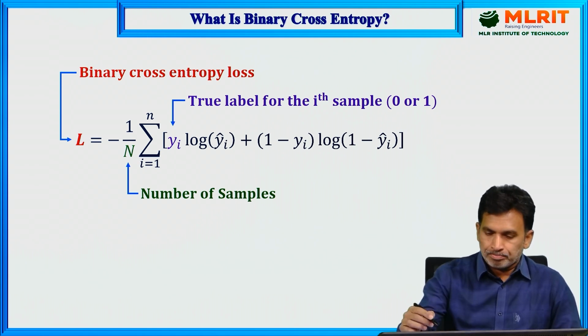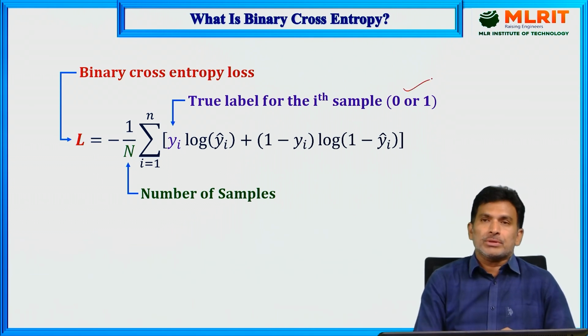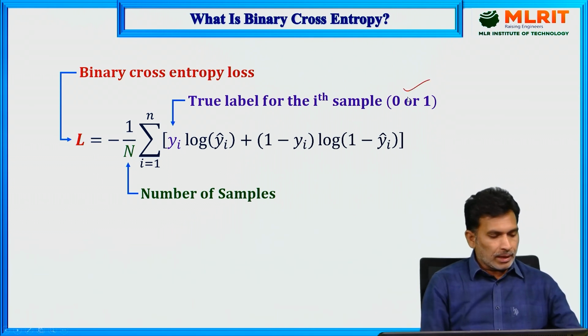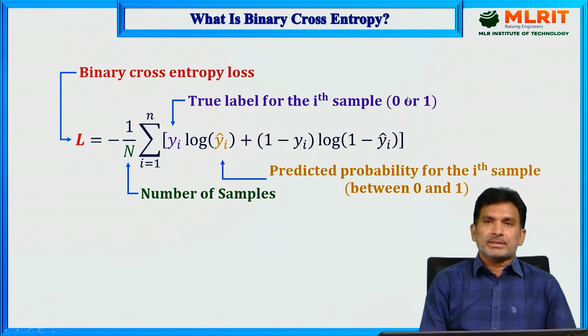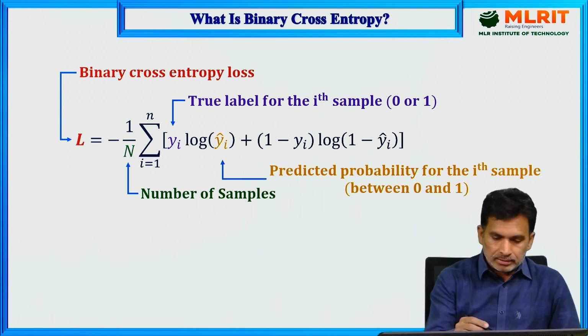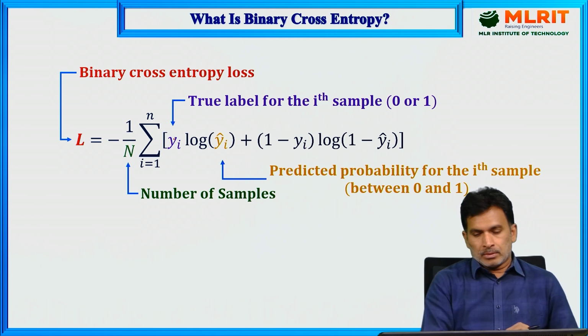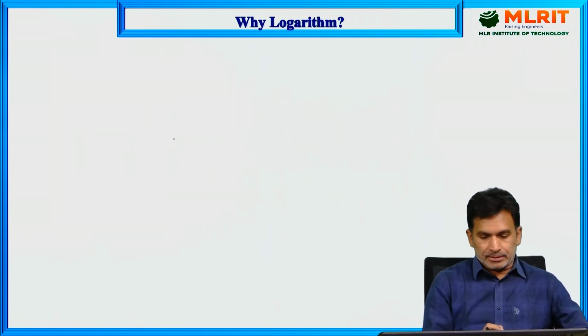Next, y hat is the predicted probability for the ith sample, and we have to find the difference between it and the true label.